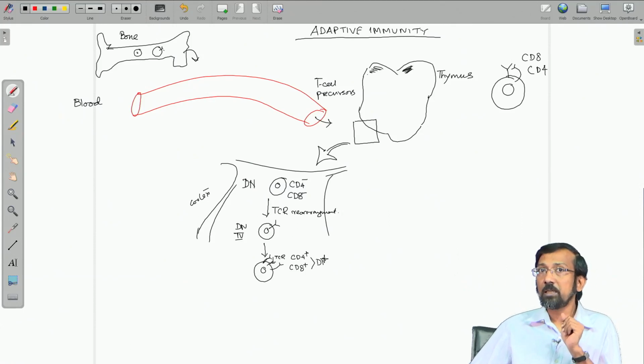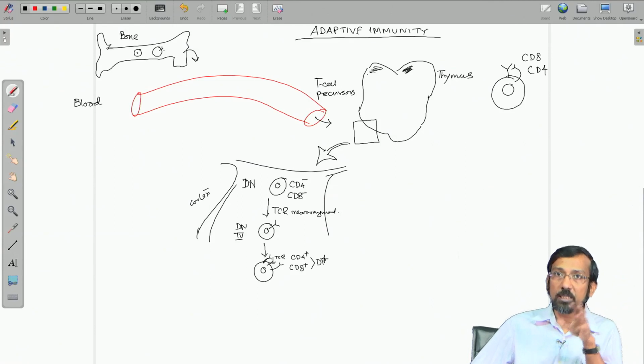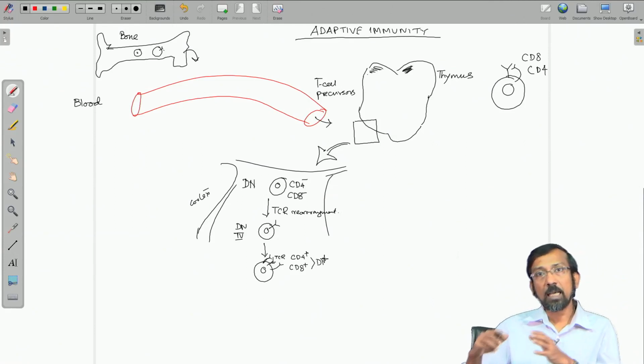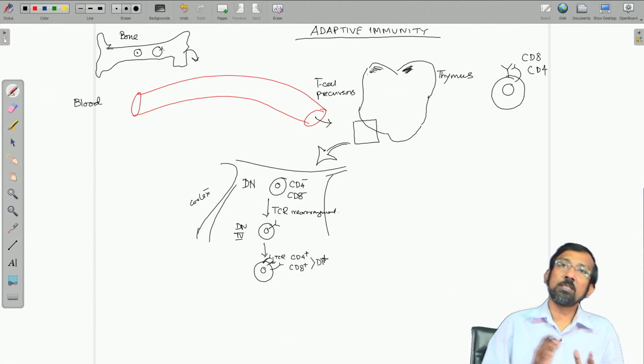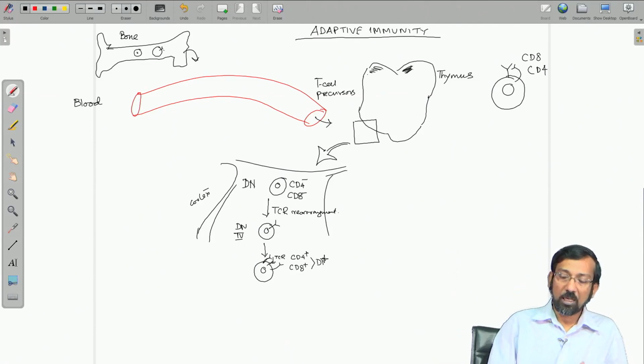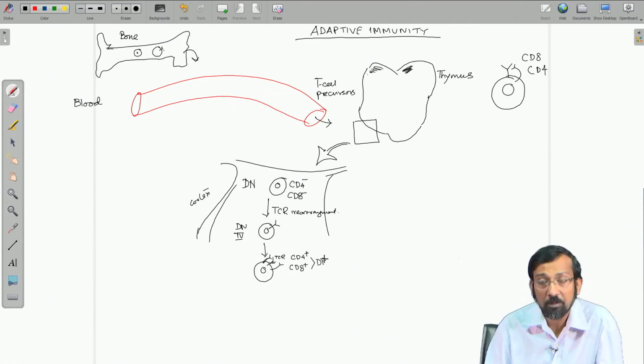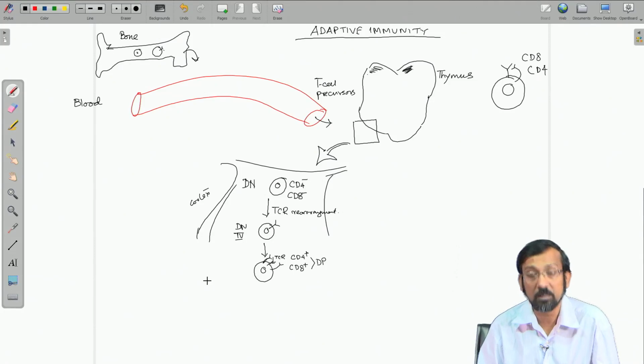Now, they have to be selected for that. Now, who is doing this selection? Someone has to select these double positive cells and finally end up with either CD4 plus cells or CD8 plus cells. So, who is doing that? Inside the thymus we have the thymic epithelial cells.